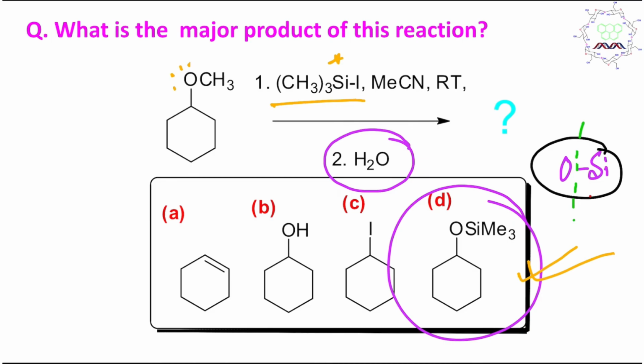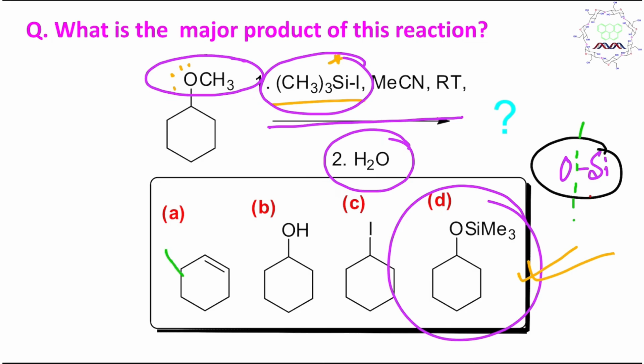Now why not the other options? First of all, that is actually an elimination. Did I provide any base? OMe is not a good leaving group. It is possible if you provide acidic conditions or a very strong base, but did I provide any acid or base? This is trimethyl silyl iodide, no acid or base, so this is not possible.